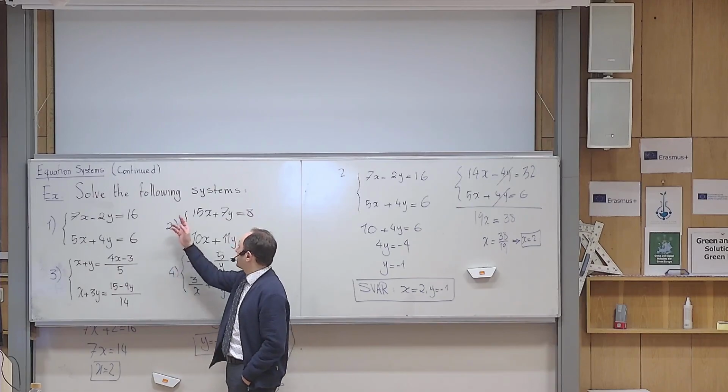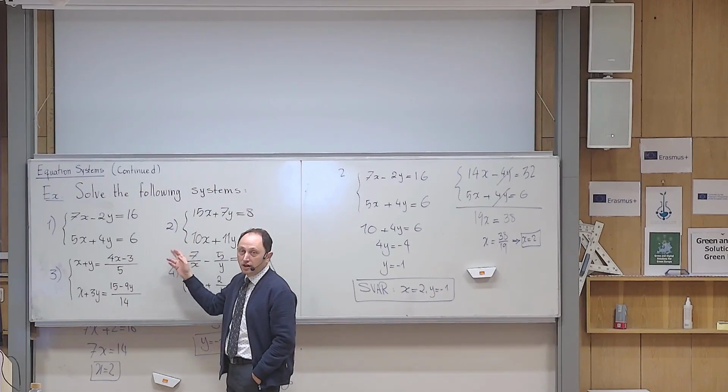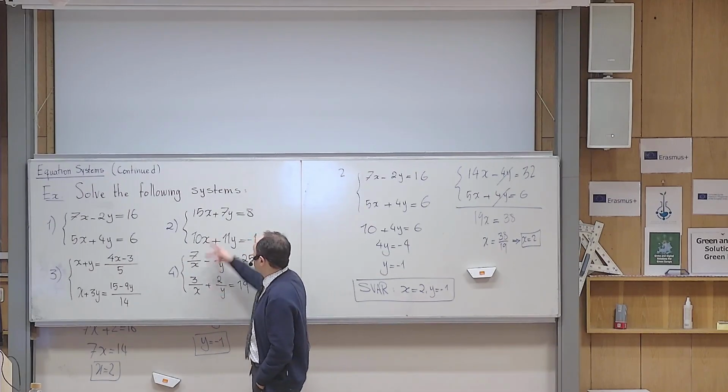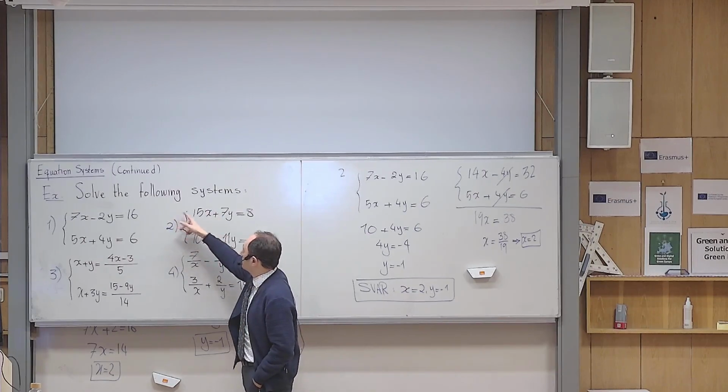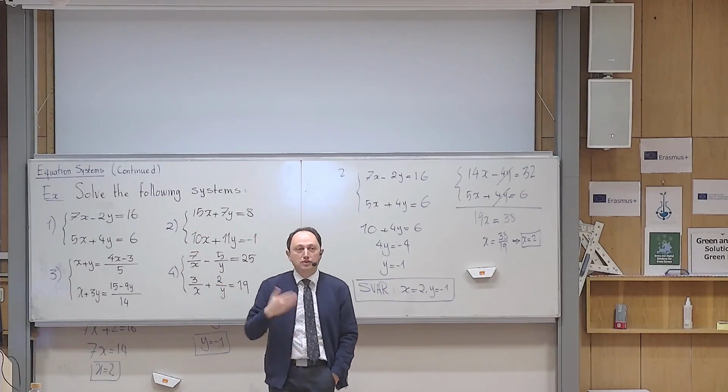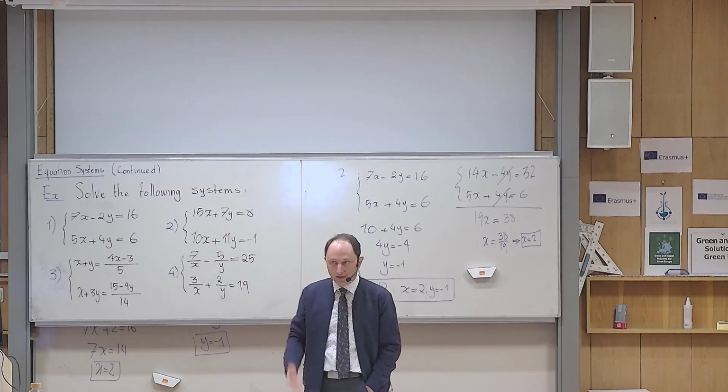But minus 10 and 15 are not the optimal numbers. The goal is to make them equal. One way to make them equal and opposite is to multiply this by 10, this by minus 15. This is one way, but not the optimal way. Before starting, think about it.